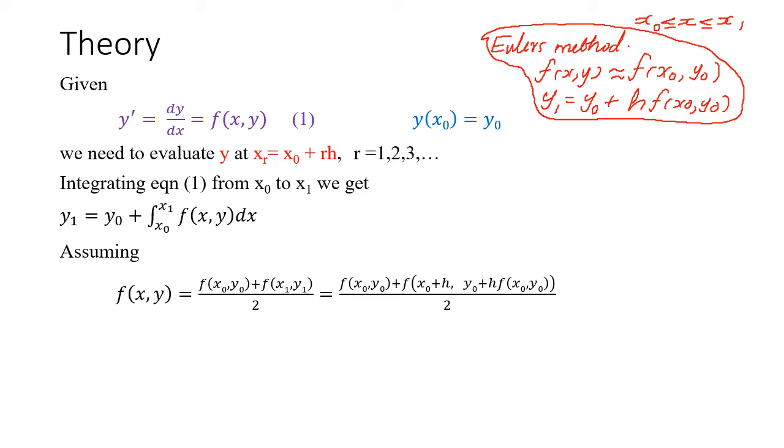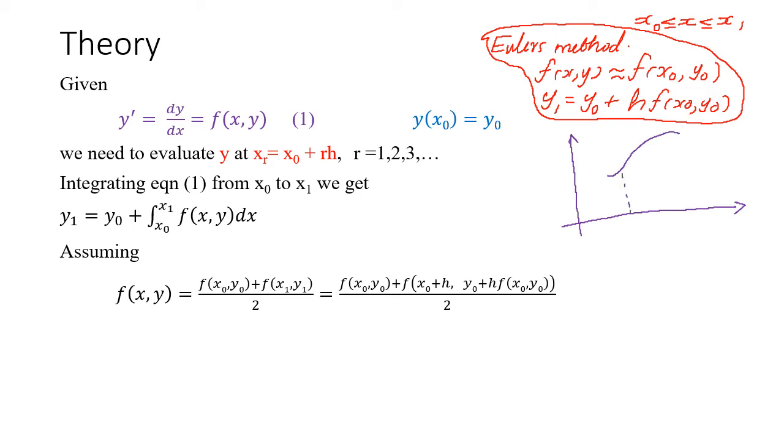Now in the case of the second order RK method, we make another assumption. Instead of assuming that the function is equal to the value of the function at the beginning, we shall demonstrate that graphically. Basically f of x y cannot be represented using a line, but you just guess that it is something like this for simplicity.